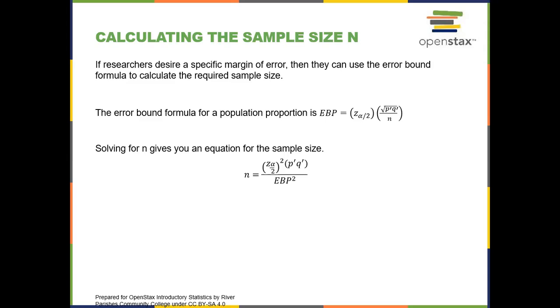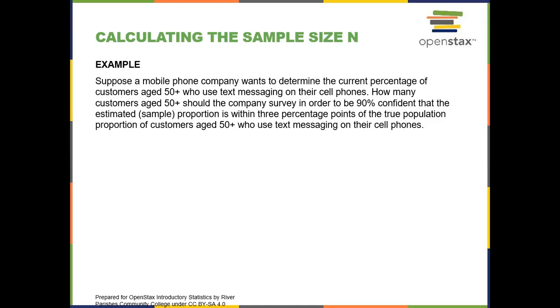P hat is 0.5 multiplied by 0.5, which is Q hat, the probability of failure. Then you put a left parenthesis. Inside the parenthesis, you put the Z alpha by 2 value for 90% confidence, which is 1.645. And then you divide by margin of error, which is 3 percentage points or 0.03.